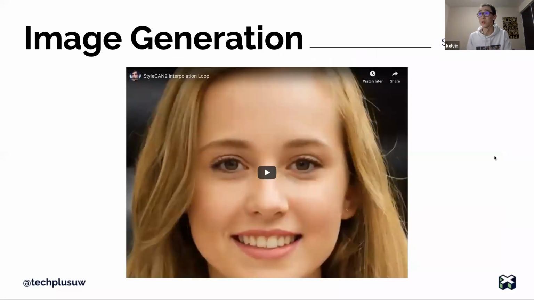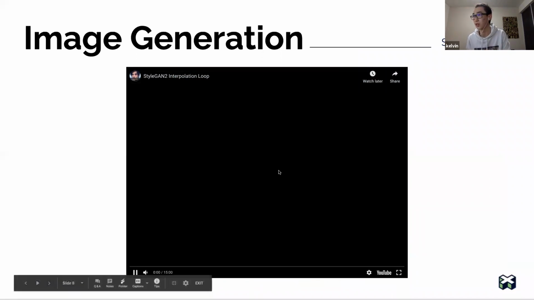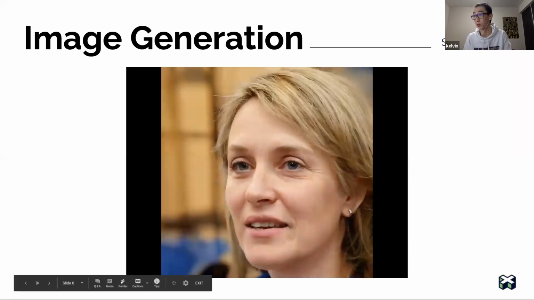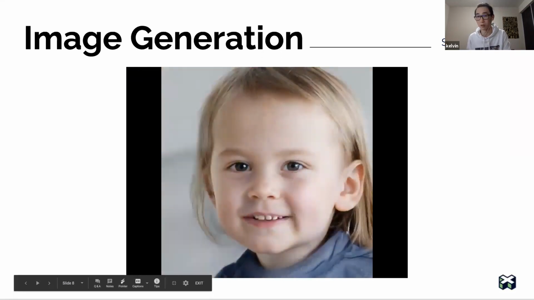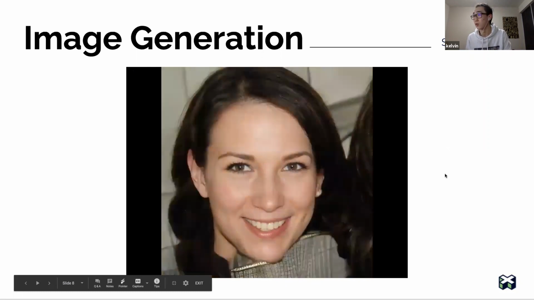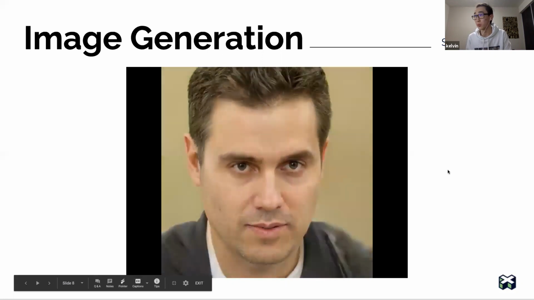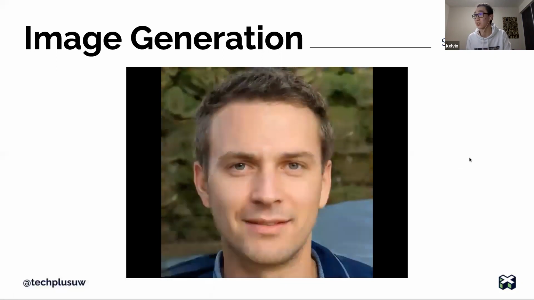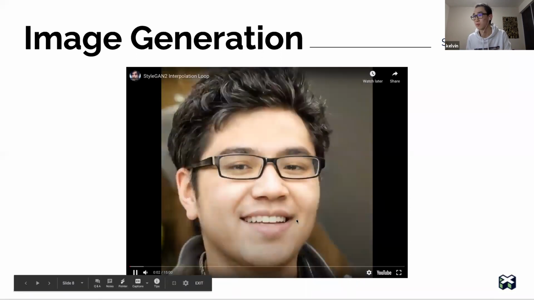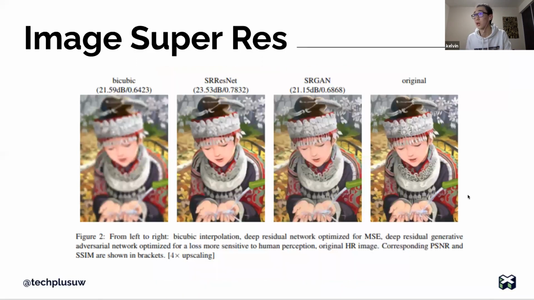There's actually a lot of other applications too. This is another example using the same model as the previous website. There's this little interpolation loop that GANs are capable of doing, interpolating between different people's faces. But GANs have been applied to other interesting tasks, such as image super resolution.